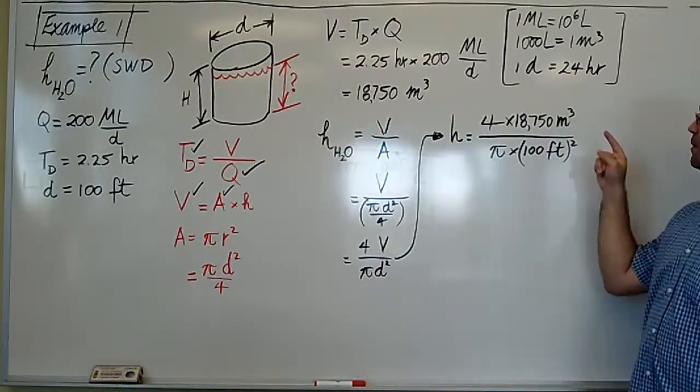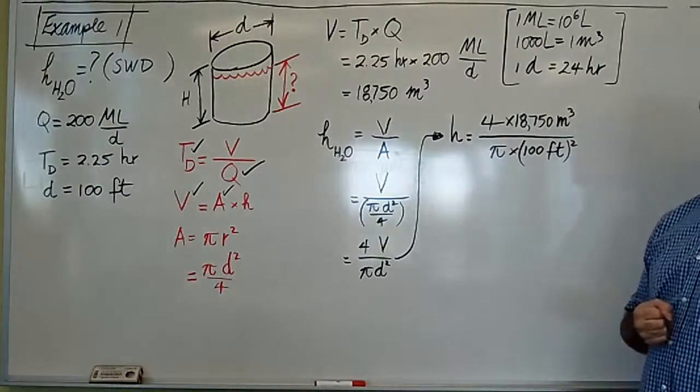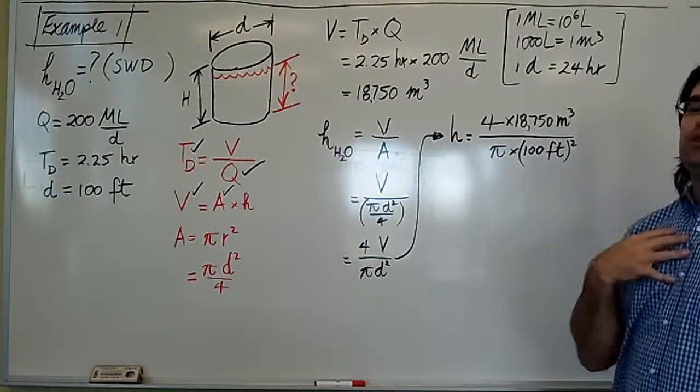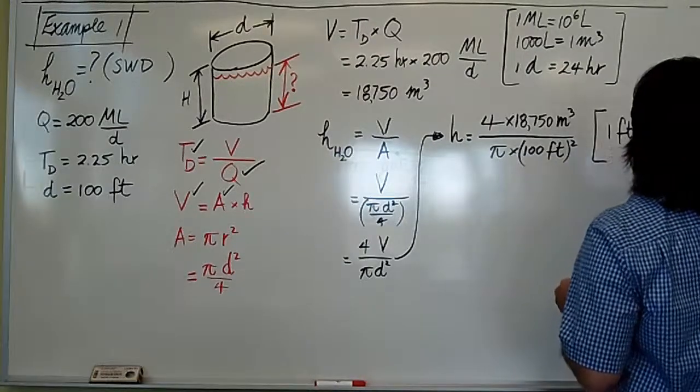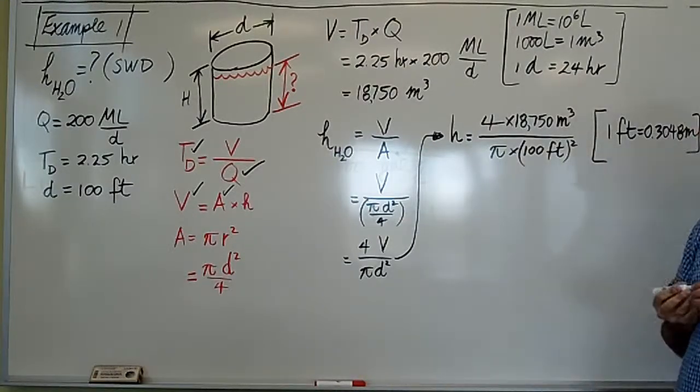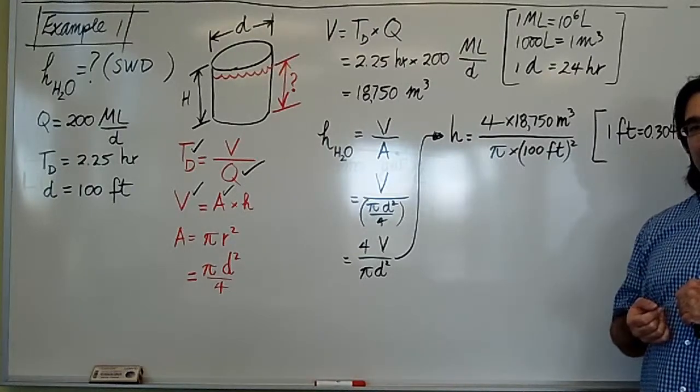I'm going to convert from feet to meters. Because I know it by heart, I know what conversion to use, which is 1 foot is 0.3048 meters. But I'm sure that you can use your mobile technology to find out the same thing, right?